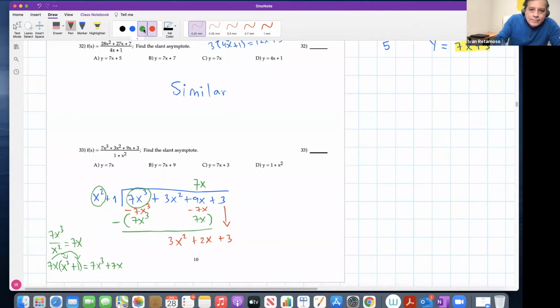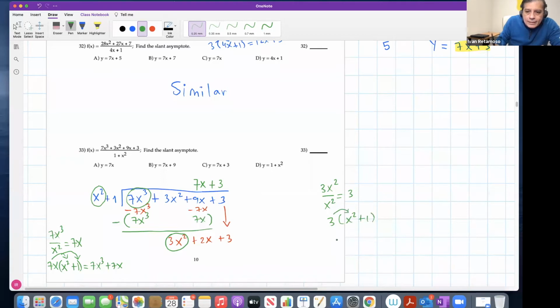Repeat the process. Now this guy must be divided by this guy, right? Let's do it over here. 3x squared must be divided by x squared. X squared into x squared cancels. This is 3. This number 3 has a place here on top of the constant term, right? Then you are supposed to multiply 3 times this whole divisor, right? Let's do that. 3 times x squared plus 1.